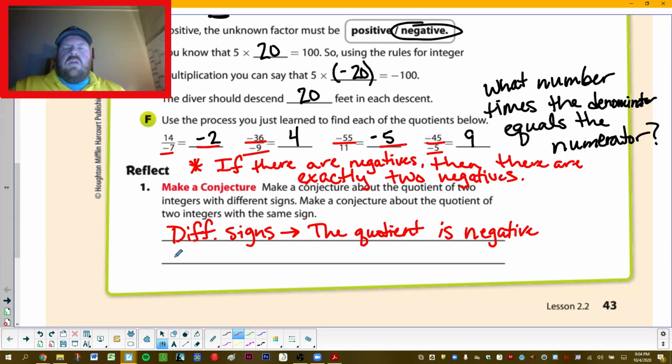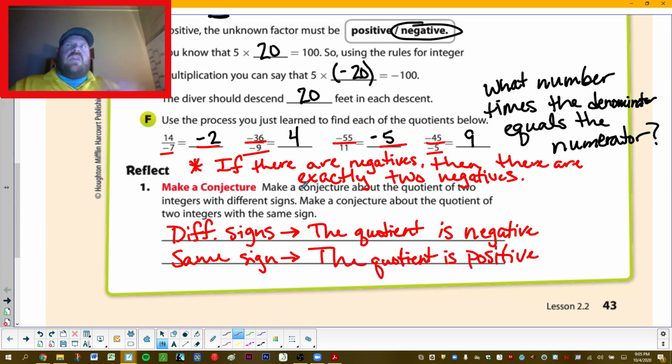If they have the same sign, then the quotient will be positive. So that would be a case like the other two. -36 divided by -9 is +4.